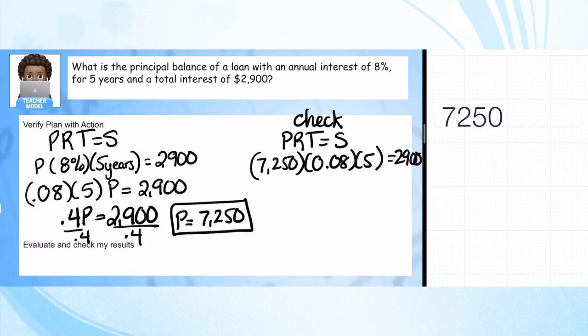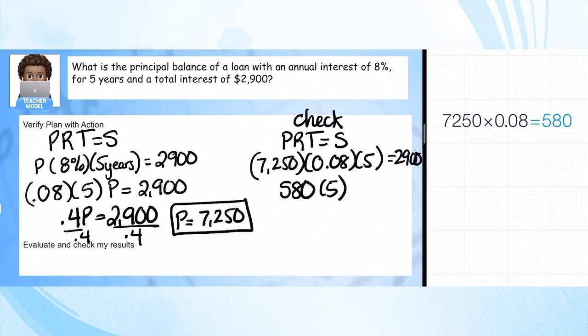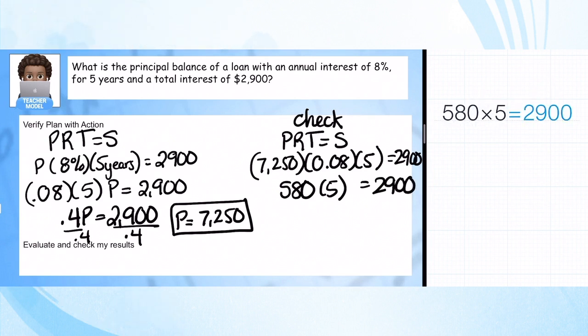7,250 times 0.08. I want to make sure we're plugging everything in and we're getting 580. So that's how much we would make in 1 year times 5 years. 580 times 5. Right there we have it. So 580 times 5 is 2,900.